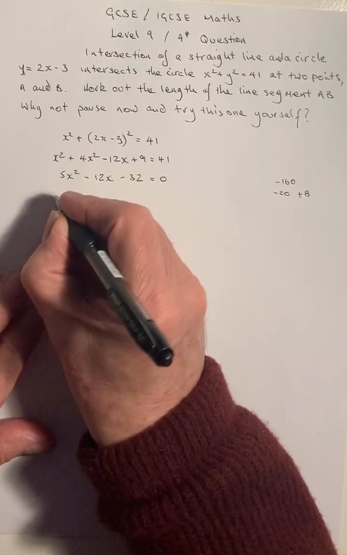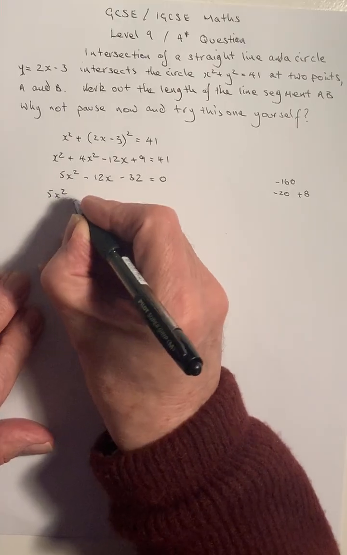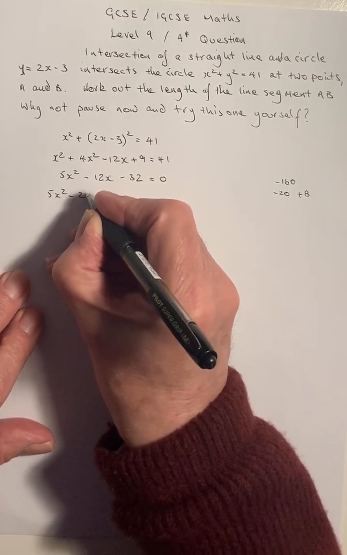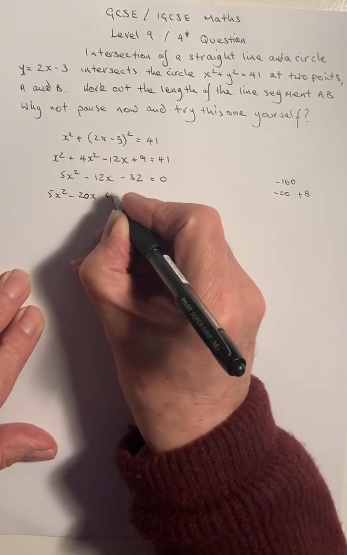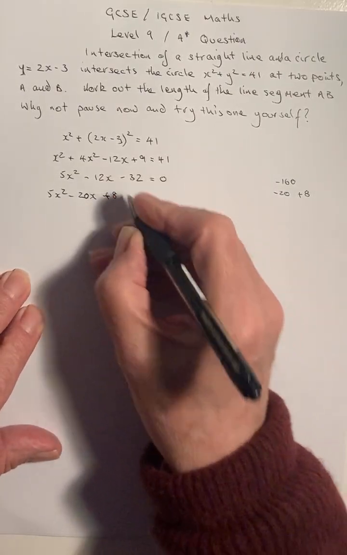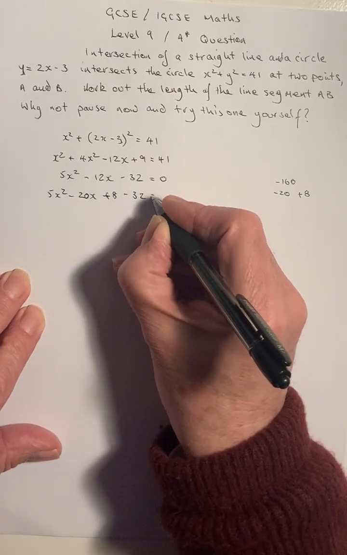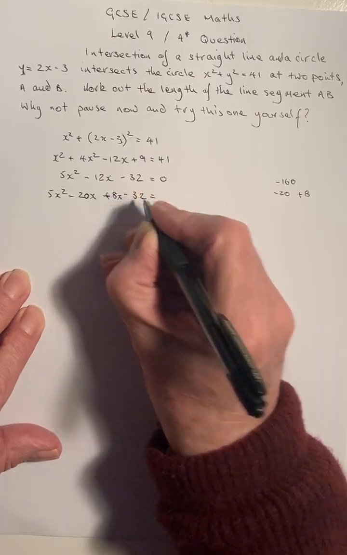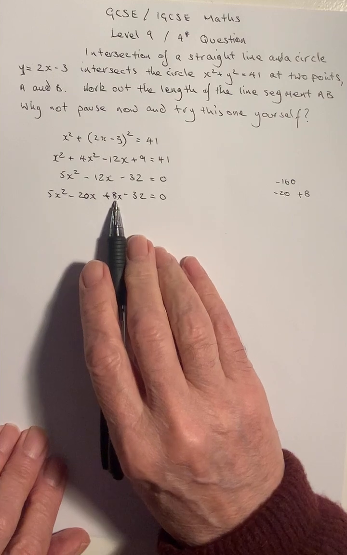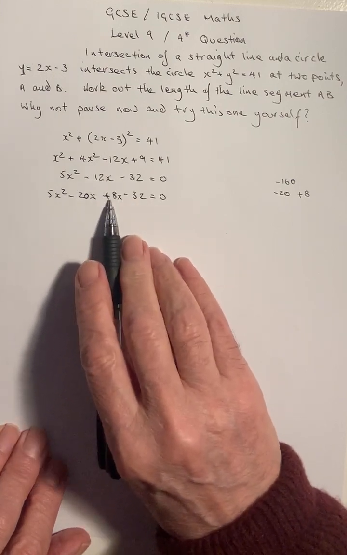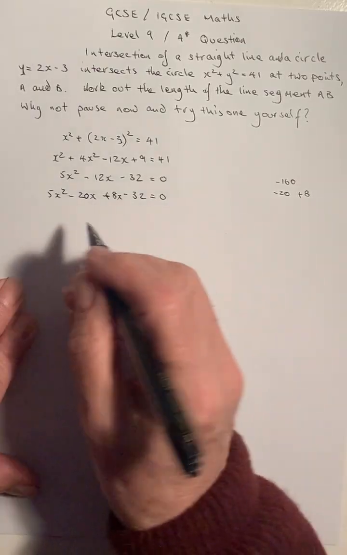So we write this out as a 4-term expression now. So we have 5x squared minus 20x plus 8x minus 32 equals 0. So there's our minus 20 plus 8 is negative 12. So these two have replaced the negative 12. You should be familiar with that if you're doing level 9 questions.